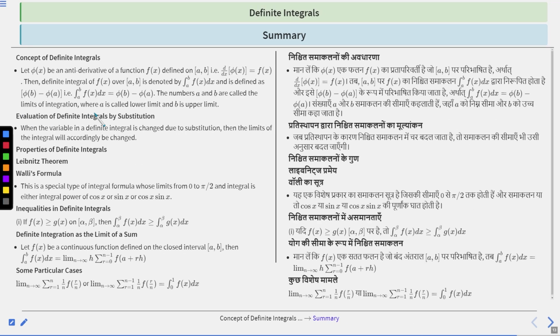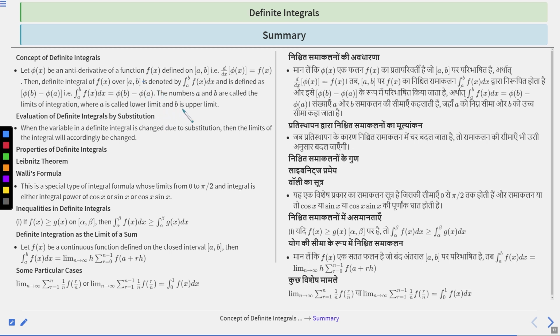Okay, so we have discussed the chapter definite integrals. Let's see a summary of what we have discussed. We first understood the concept of definite integrals: let phi(x) be an antiderivative of function f(x) defined on a to b, that is, d upon dx of phi(x) is equal to f(x). Then the definite integral of f(x) over a to b is denoted by integration of a to b f(x) dx and is defined as phi(b) minus phi(a).